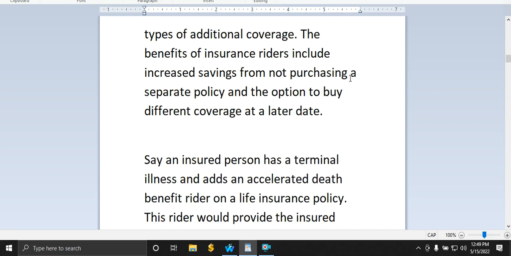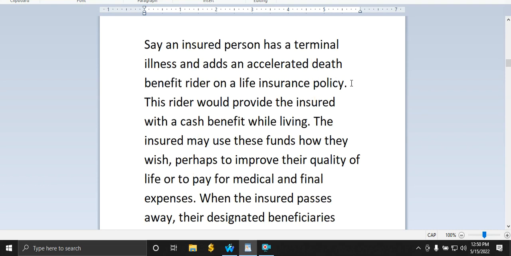For example, an insured person can add a terminal illness or accelerated death benefits rider on a life insurance policy. This rider provides the insured with a cash benefit while living.